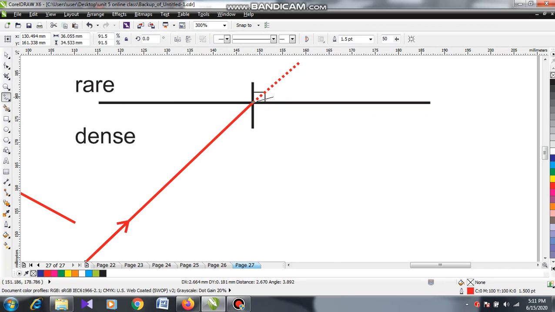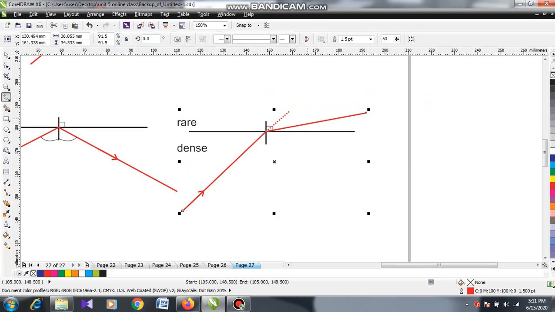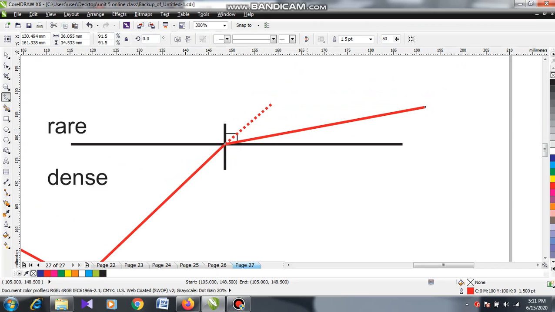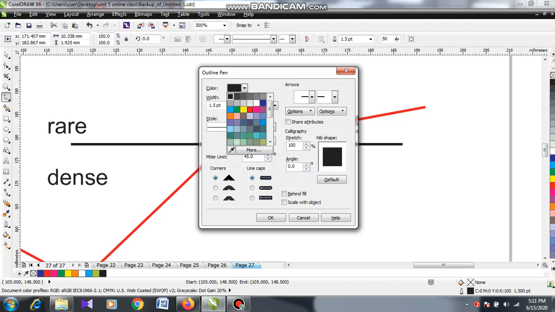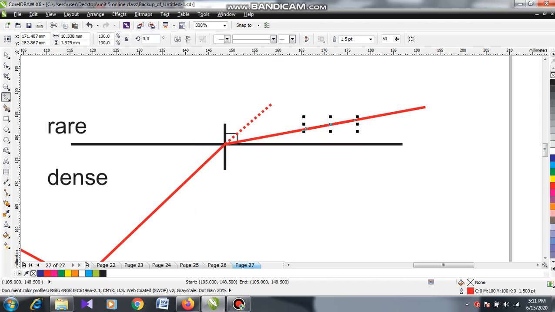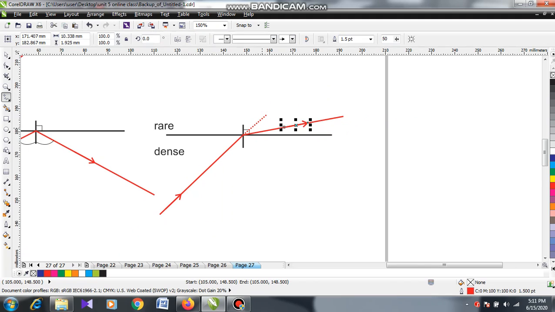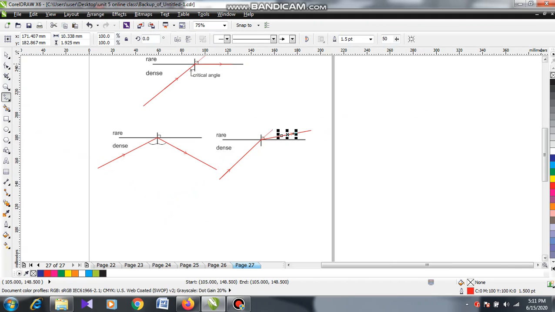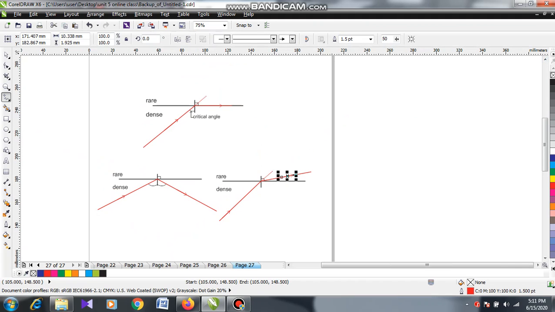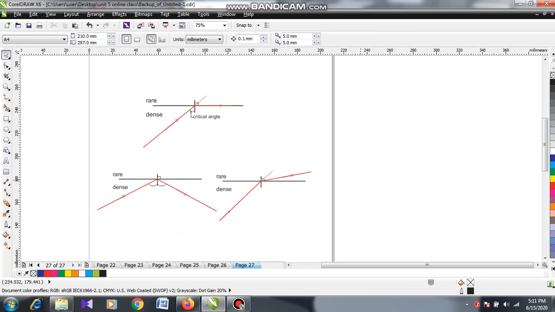It will stay above the interface. So you have to understand these three carefully.